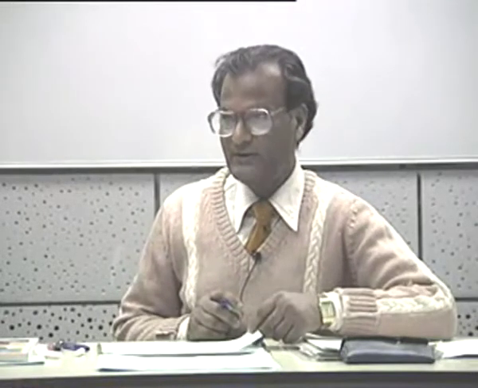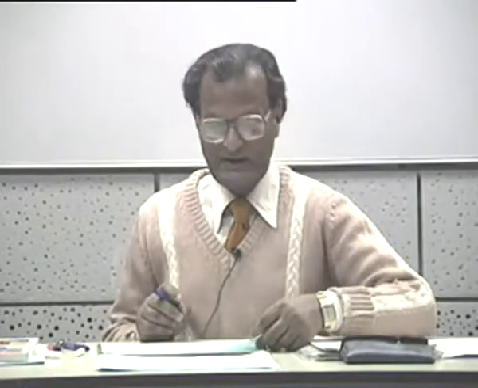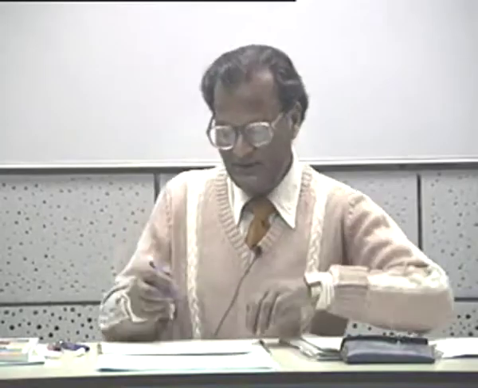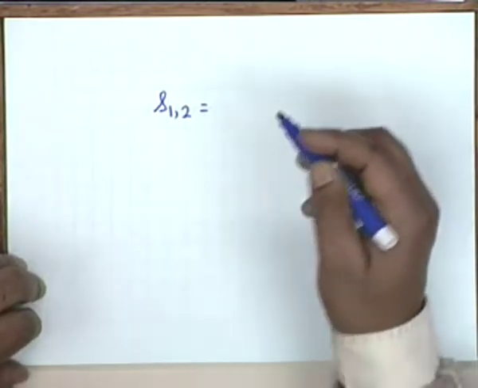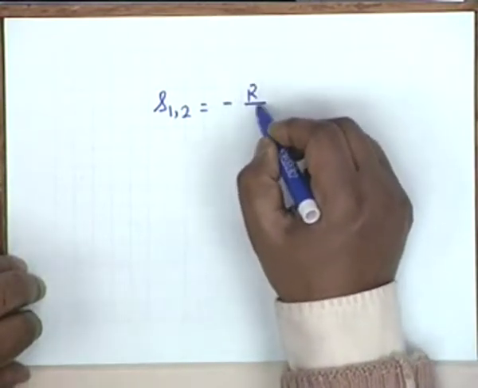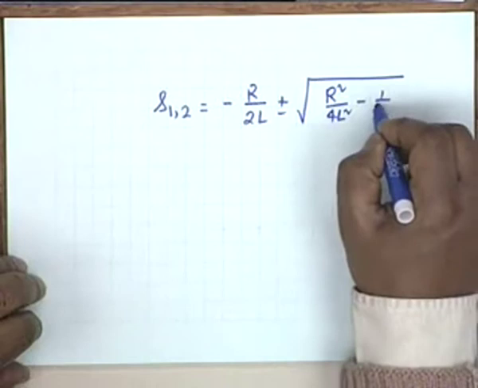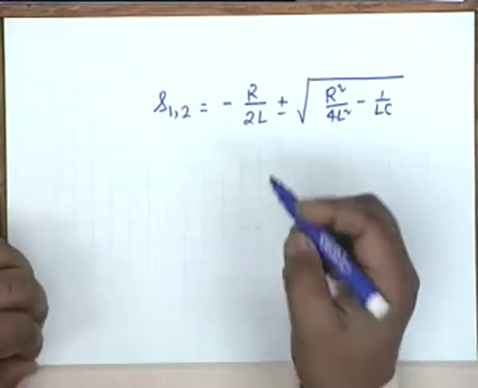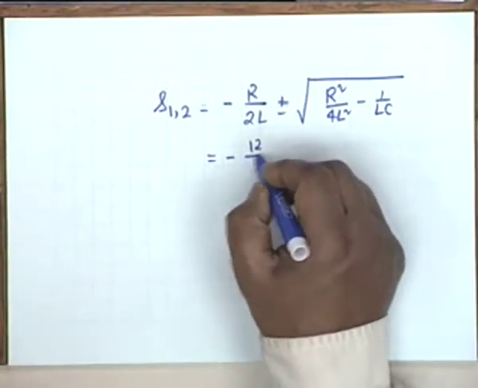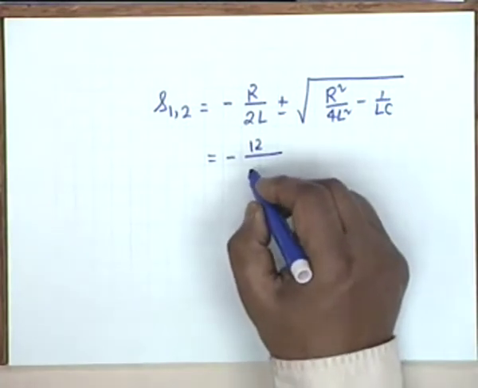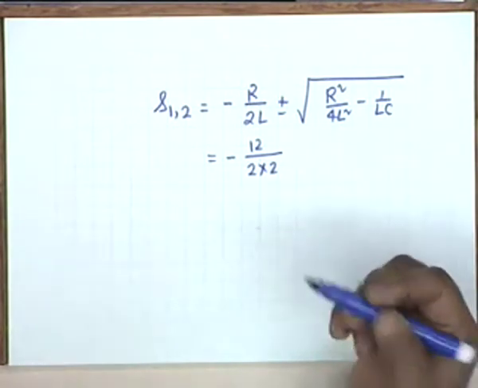Now to determine the natural response, I must find Z of S and its zeros. Without writing Z of S, I know that the natural response shall be determined by s1,2, where s1,2 is minus R by 2L plus minus square root of R squared by 4L squared minus 1 over LC. This result I already know. I don't have to write this again and again. In this particular case, R is 12 ohms and L is 2 Henry, so 2 times 2, 12 by 4 is 3.